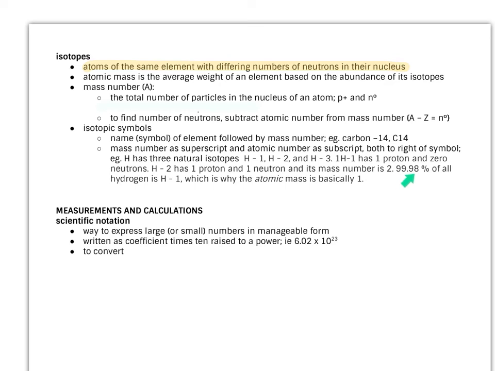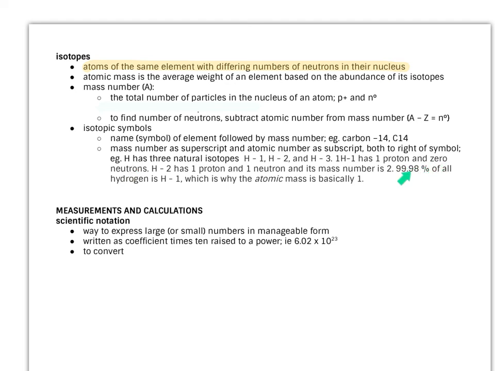But 99.93% of all hydrogen on Earth is hydrogen 1. Okay, so to find the atomic mass of hydrogen, they averaged how abundant each isotope is together and did some really complicated math to figure out that most of them are this hydrogen 1 that has 1 proton and 0 neutrons.